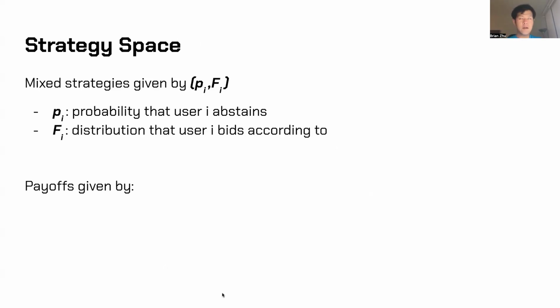So we show that there does not exist a pure strategy Nash equilibrium. So we then go to mixed strategy Nash equilibrium. And specifically, these strategies will be specified by p_i, which is the probability that user i abstains, and F_i, which is the distribution that user i bids according to.